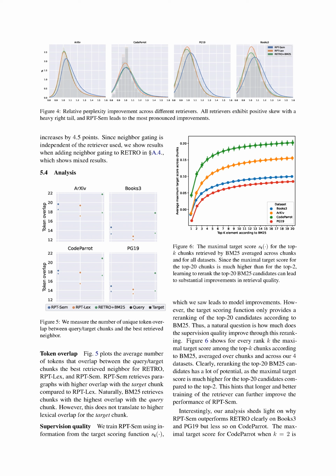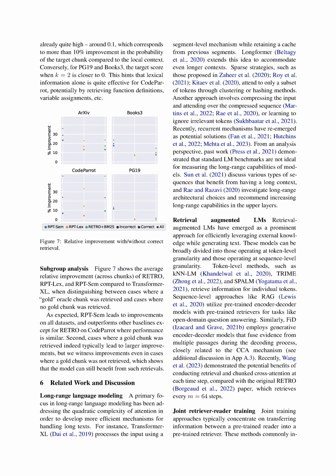In contrast, for the datasets PG-19 and Books 3, the target score when K equals 2 is much closer to 0. This suggests that for CodeParrot, the use of lexical information or word-based data alone is quite effective. This could potentially be due to the retrieval of function definitions, variable assignments, and similar elements, indicating that the type of information being processed can significantly impact the model's effectiveness.